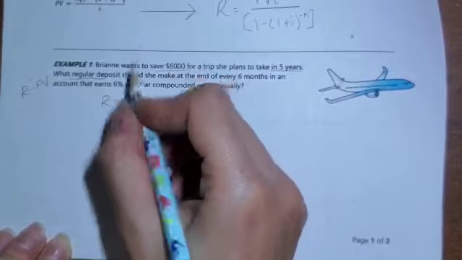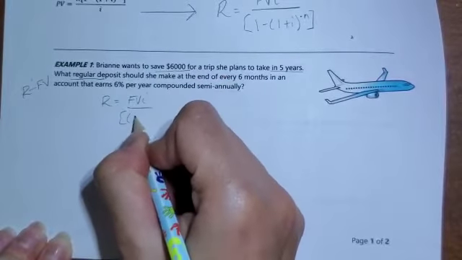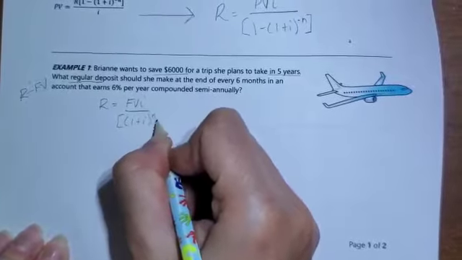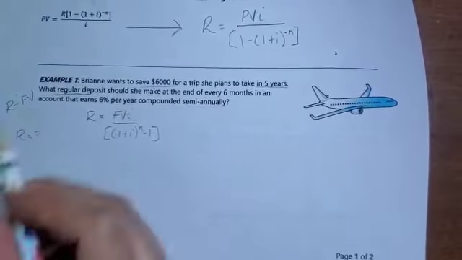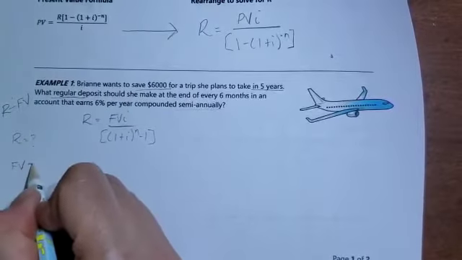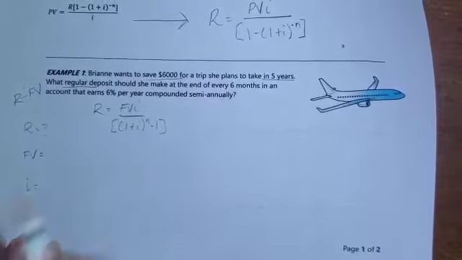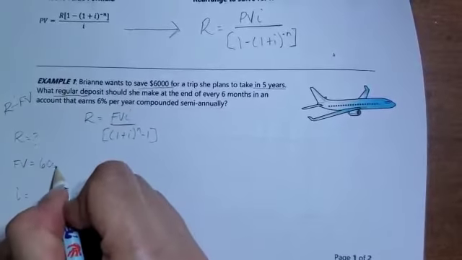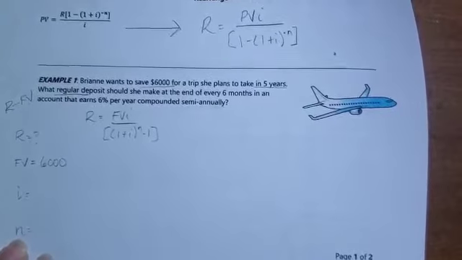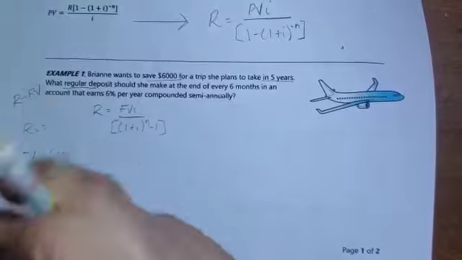So I'm just going to write the formula here. Our R is in question, so we have to be given our future value amount, our interest, and our number of payments. Our future value is 6,000 because that's what we want to save for. Our interest is 6%. This is division.